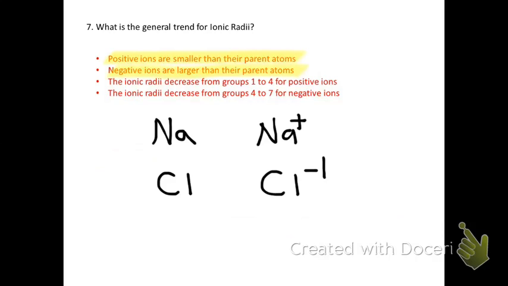Positive ions, or cations, are smaller than their parent atoms because they lose that shell. Whereas anions are larger than their parent atoms because when we gain more electrons in the valence shell, the repulsion forces make the valence shell larger, increasing the radius of those anions.